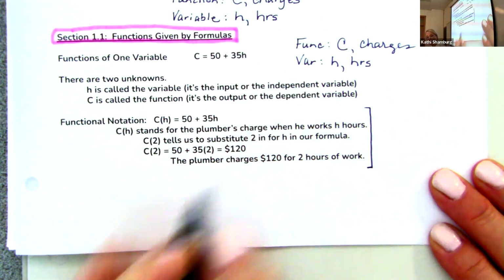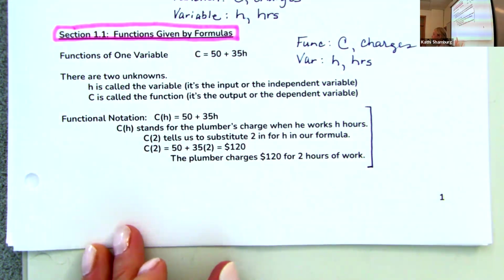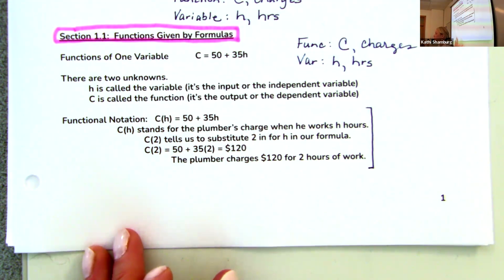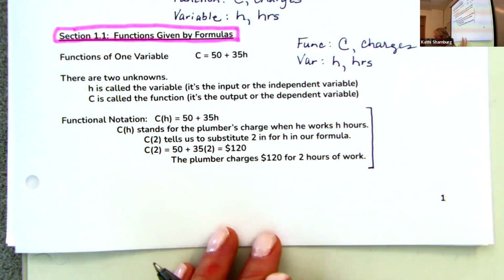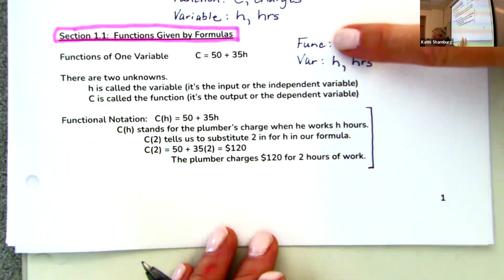Part of the verbiage that you're going to need to learn, whether that be answering questions in WebAssign or when I ask you in class or on a quiz or a test, because if you're asked this question and you just start trying to pull things without some thought behind it, then you're not going to get it correct. So we've already talked about function and variable.